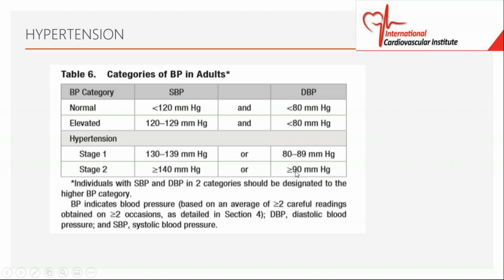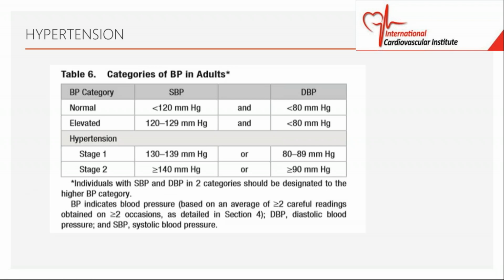So their hypertension is stage 2. So you're going to stage them using the higher pressure. If they have a systolic of 150 and a diastolic of 70, yeah, the diastolic is normal, but the systolic is 150, which is going to put them in stage 2. Okay? So an individual with systolic and diastolic blood pressure in 2 categories should be designated to the higher blood pressure category. Okay? So be aware of that.